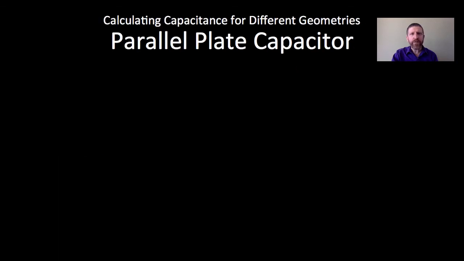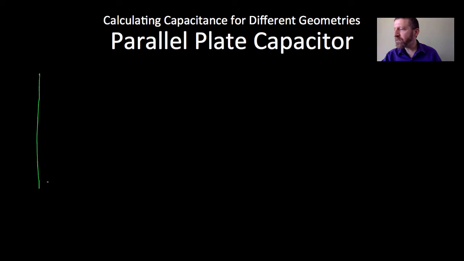So let's deal with some different geometries, and we can actually derive the capacitance for very specific geometries, the first one being a parallel plate capacitor. So let's go ahead and draw a parallel plate capacitor right here.